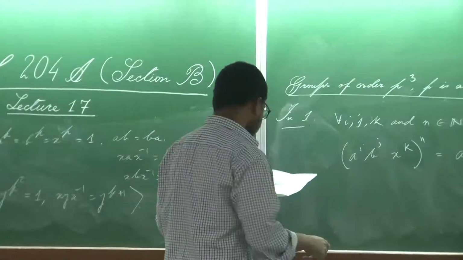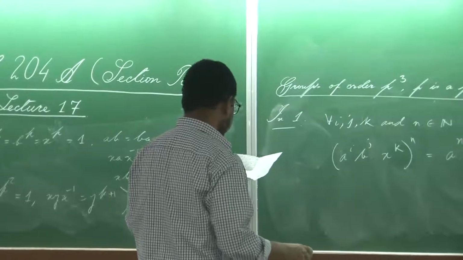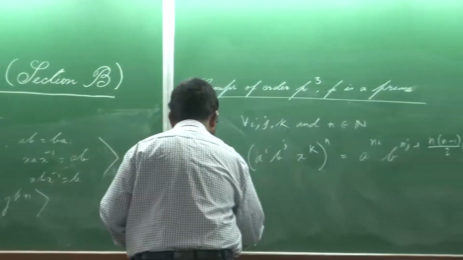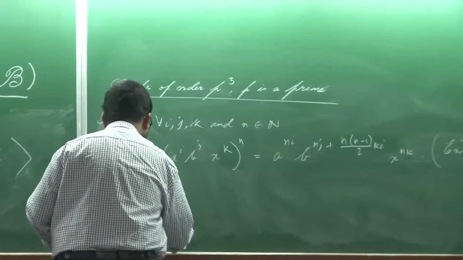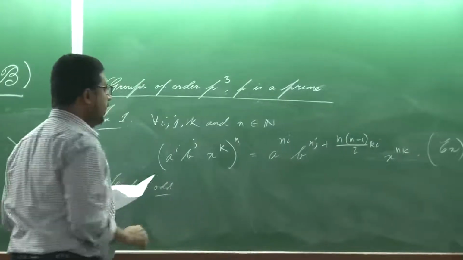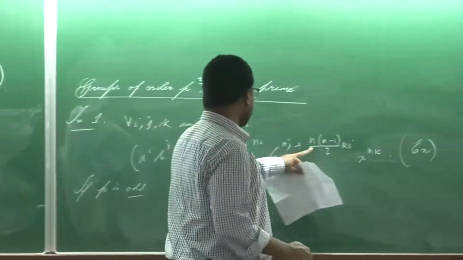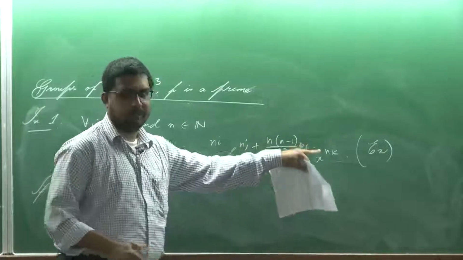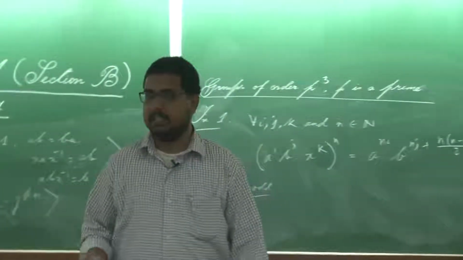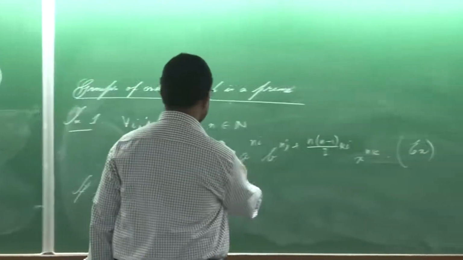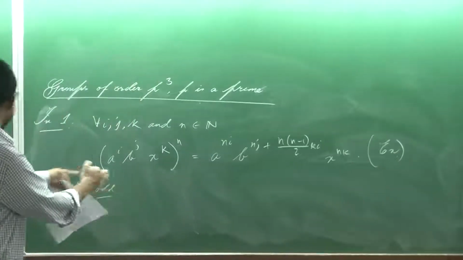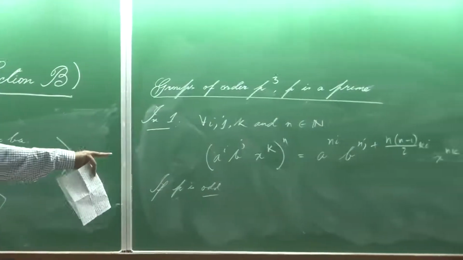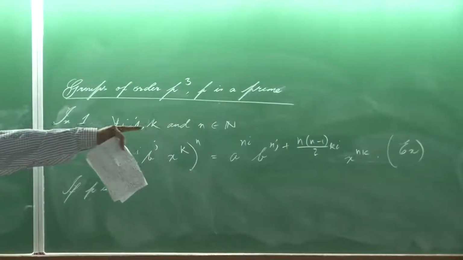So in view of this, it is now quite clear that if p is odd, then if you take n equal to p, this will be p into p minus 1 by 2, and p minus 1 by 2 is an integer because p is odd. A typical element here is of this form, and therefore if we raise every element to the power p, it will be identity.